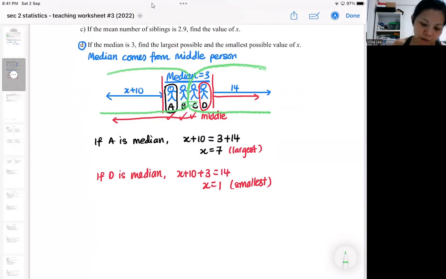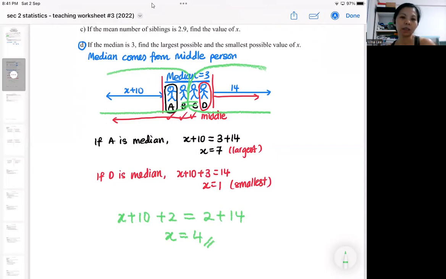So we take the middle 2 and then we take the average. So there could be a case. The extra case, if the total number of students is an even number, X plus 10 plus 2 will be equal to 2 plus 14. And then in that case, you will get 16 minus 12. You will get X equal to 4.